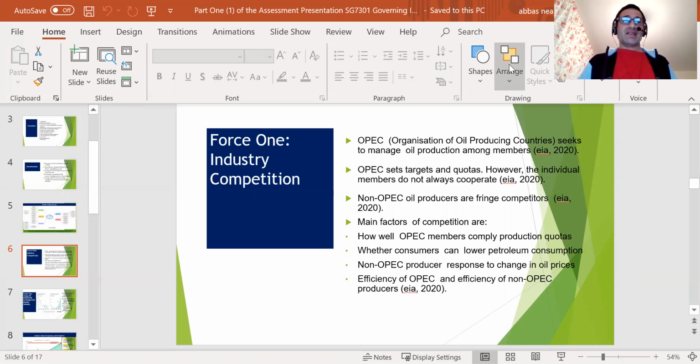OPEC is short for Organization of Petroleum Exporting Countries and is a group of several countries that are significant oil suppliers. The founder members were the Islamic Republic of Iran, Iraq, Kuwait, Saudi Arabia, and Venezuela.